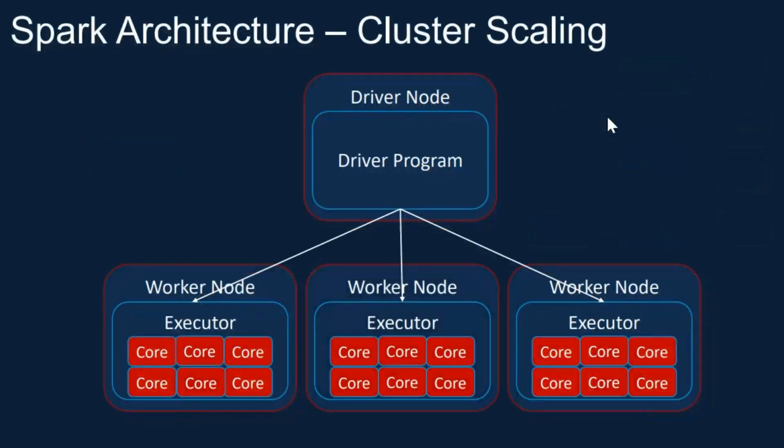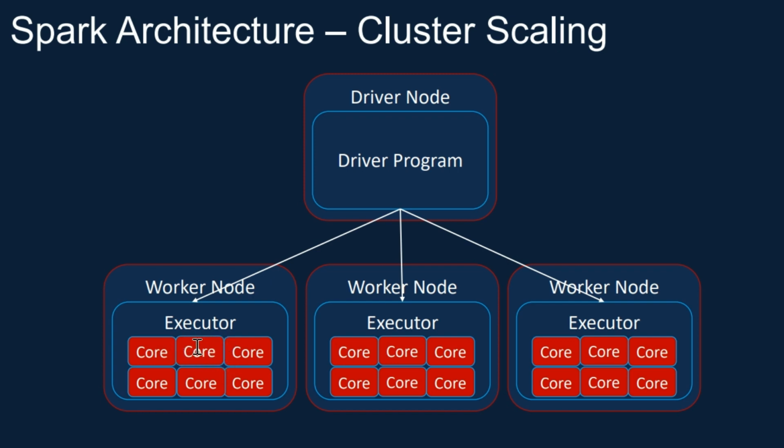So now let's discuss scaling the cluster. According to the requirement, you can use different types of scaling. We have two types of scaling: one is vertical scaling and the other is horizontal scaling. Vertical scaling means you are adding one more core.